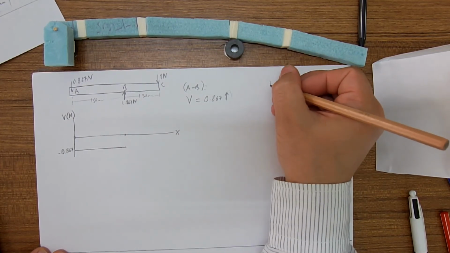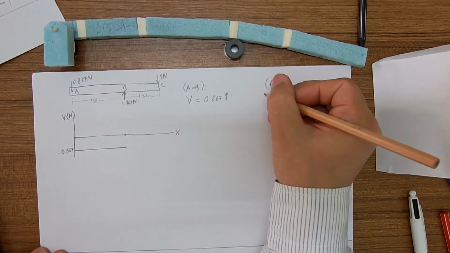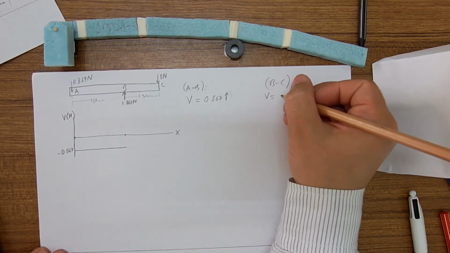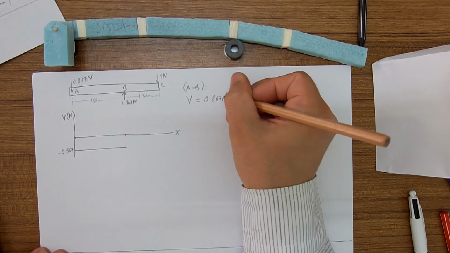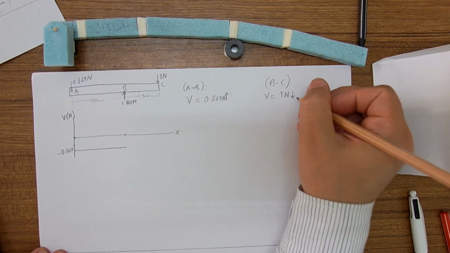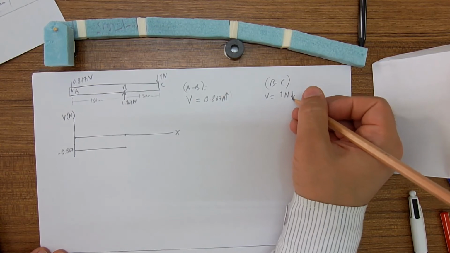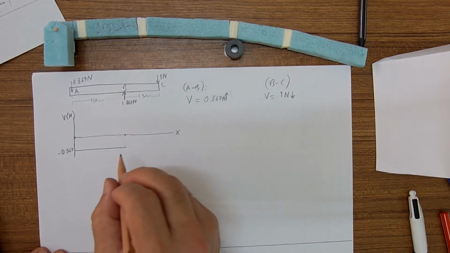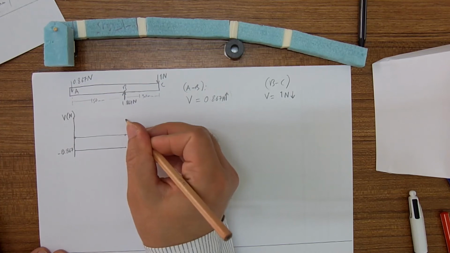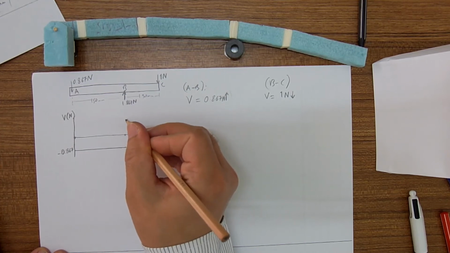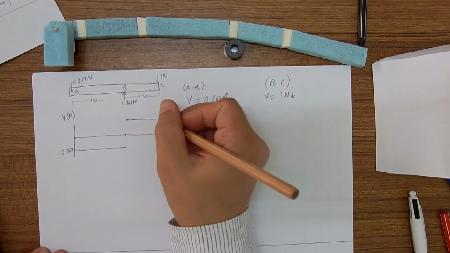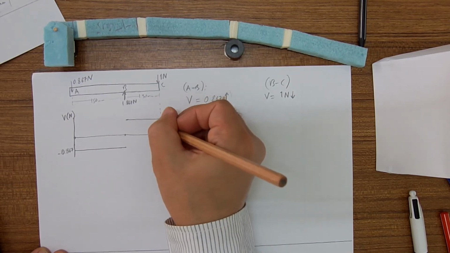And between B and C, V was equal to 1 Newton downward, and it is positive for sign convention of shear diagram, therefore I draw it just here.